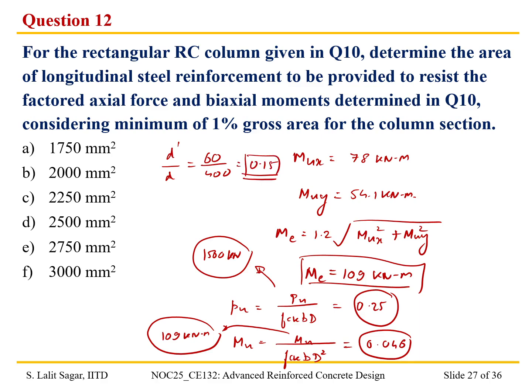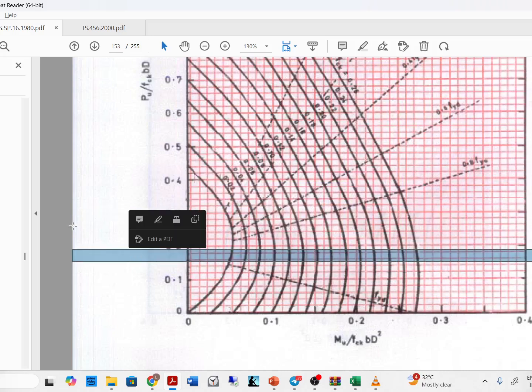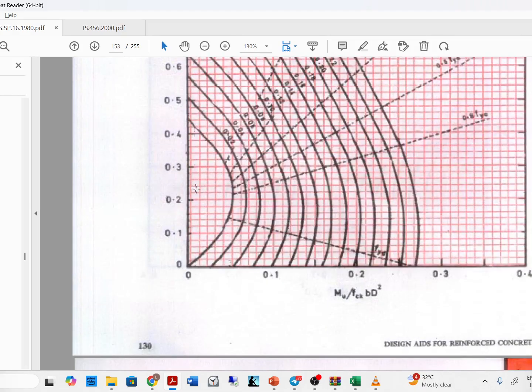So corresponding to a value of 0.15 and Pu 0.25, 0.05, if we consider 0.05, we can consider that the P by fck is the minimum value, that is 0.02.